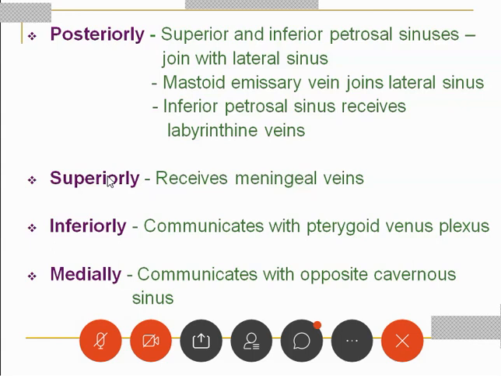You have to think about other regions where infection might lead to this. That is the point of explaining the tributaries and venous drainage, the other sinuses and veins that drain into the cavernous sinus. Let us move on to the next slide.